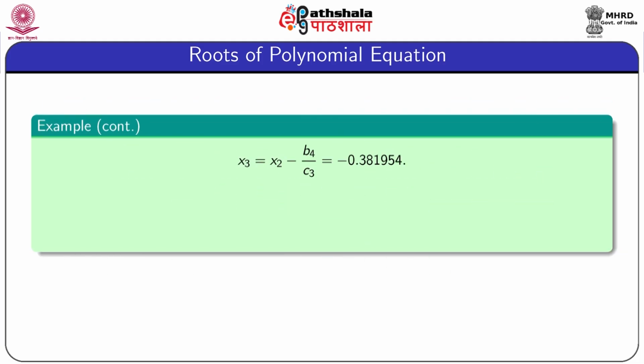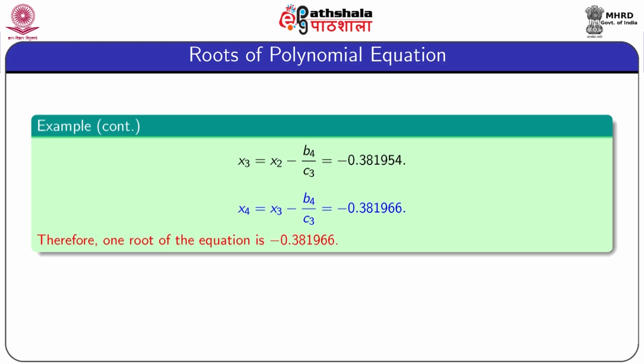Similarly, the third approximated value x3 equal to minus 0.381954. The fourth approximate value is minus 0.381966, and note that these two values are almost equal, and hence one root of the equation is minus 0.381966, correct up to 6 decimal places.